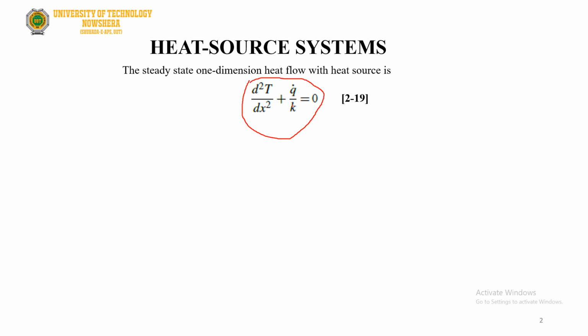Now in this case you can see that there is no time factor involved because this is a steady flow case. Q dot is involved because this is a heat generating source inside, and thermal conductivity K is out of the derivative because we are treating it as constant.